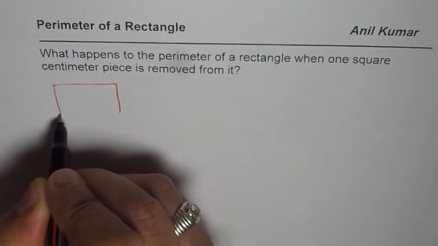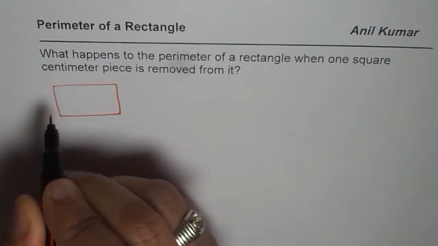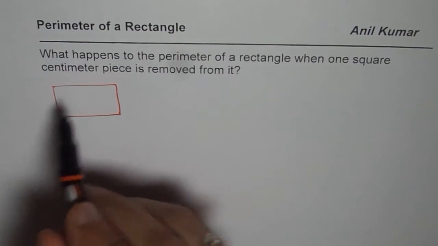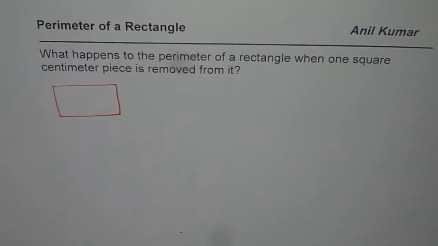If I remove 1 square centimeter piece from this rectangle, what happens to the perimeter? Will it increase or will the perimeter decrease? That is the question. So the answer is, well, as most of you must have guessed it, the perimeter will increase, right? Surprisingly, it increases.